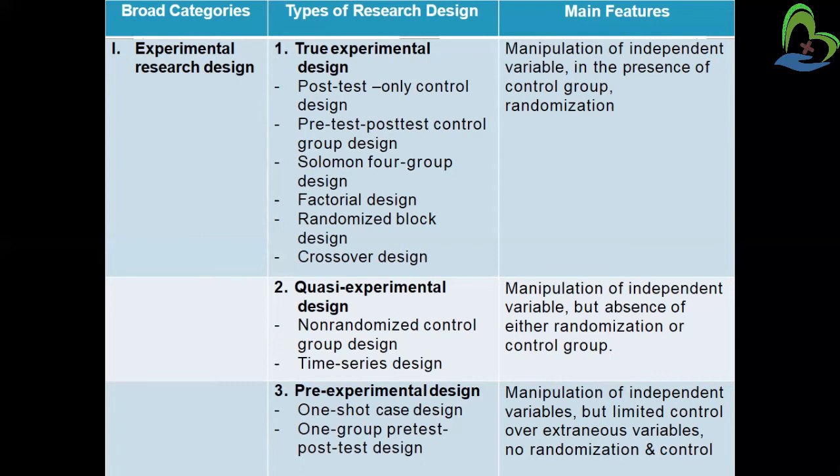Next is the crossover design, the last design of the true experimental designs. In crossover design, subjects are exposed to more than one treatment, and subjects are randomly assigned to different orders of treatment. It is also known as a repeated measures design.